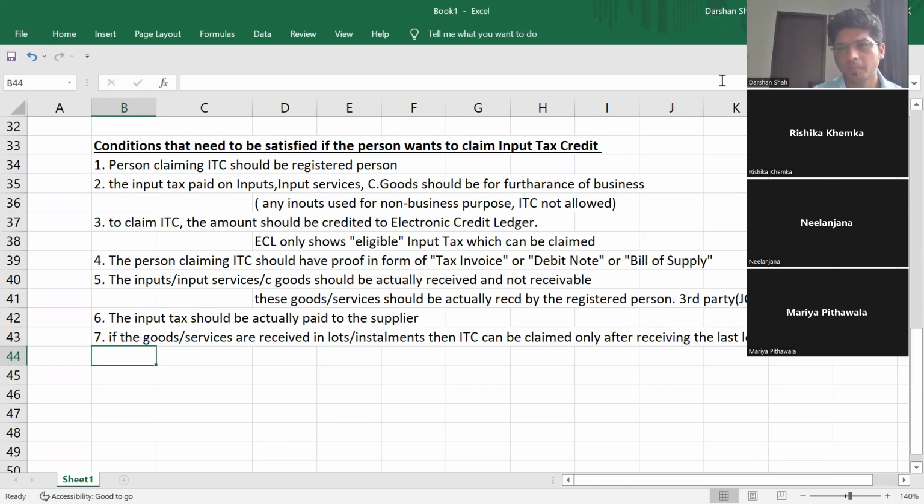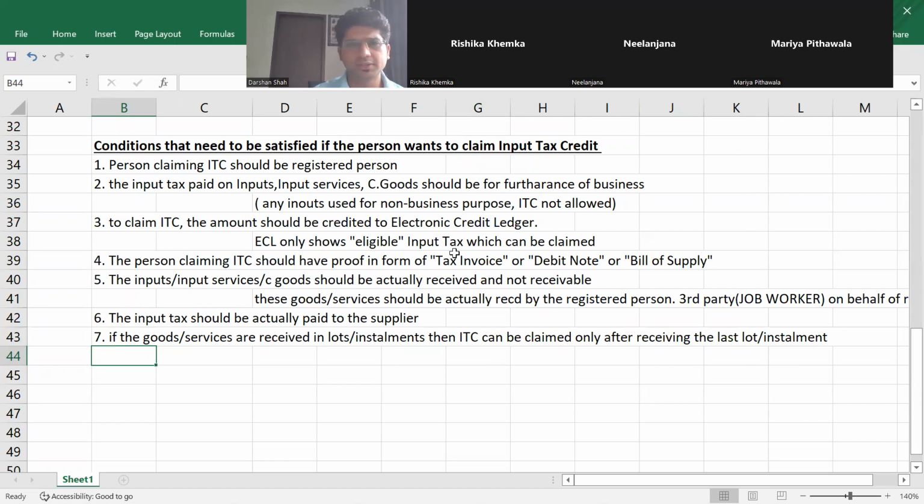For example, you are taking services offered in 3 parts: the first part in May, the second in June, and the third in July. The invoice has already been given to you and you have already made the payment. Still, you can claim ITC only after the last part of the goods or services has been actually received.